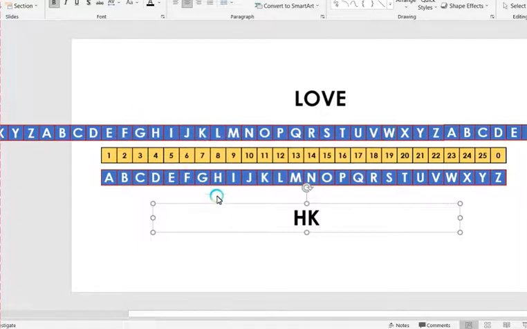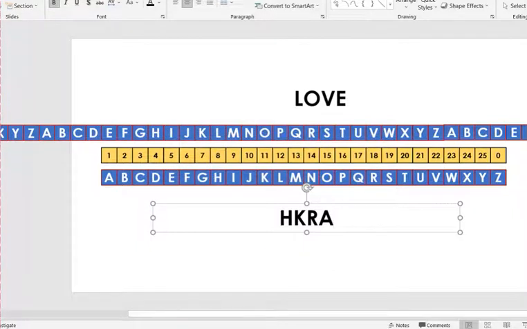So L is now represented by H, O is represented by K, V is representing R, and E is representing A. So this is your coded value of love.